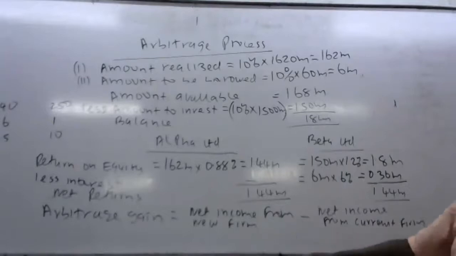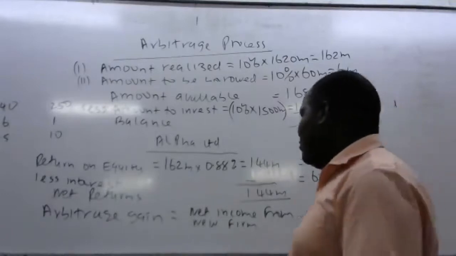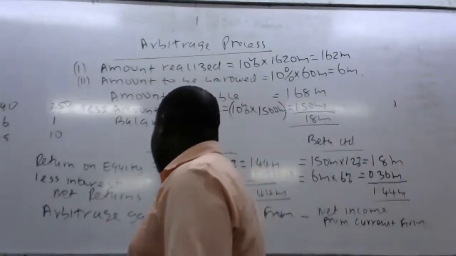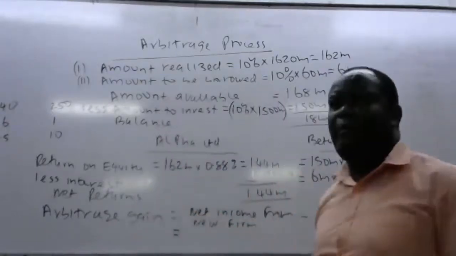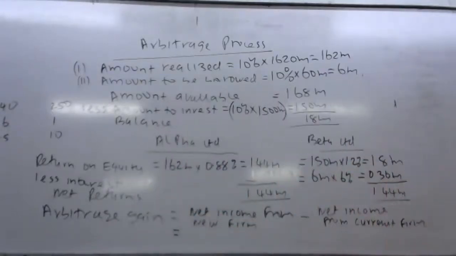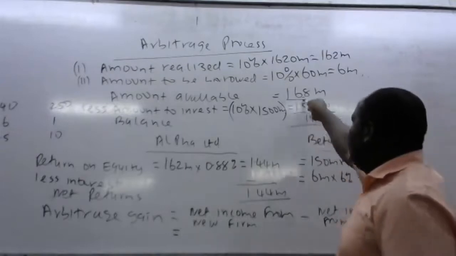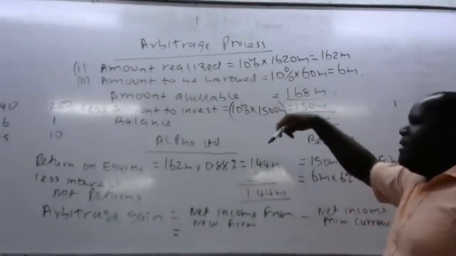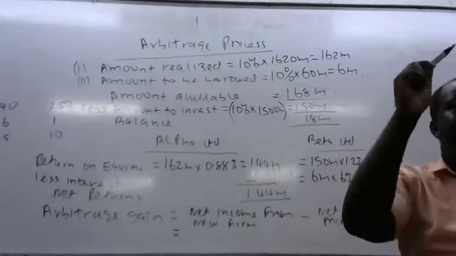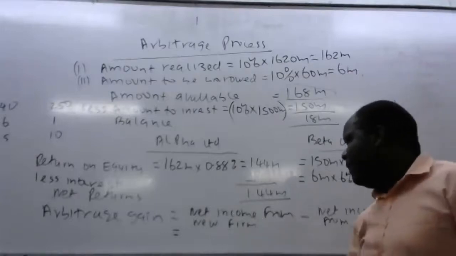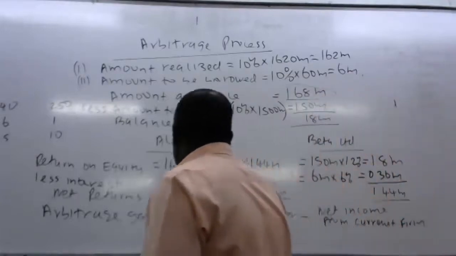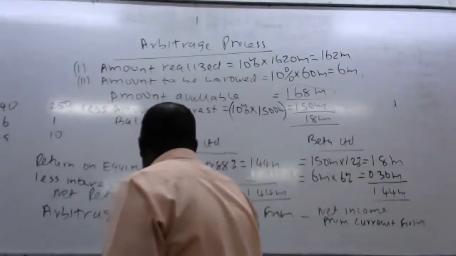So new firm is Beta Limited. Here we shall be assuming he invested the full amount. That full amount was 168. So if he invested the full amount in the new firm, it will be 168 millions.